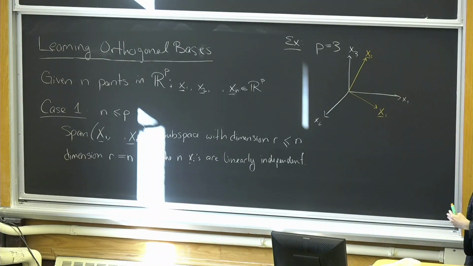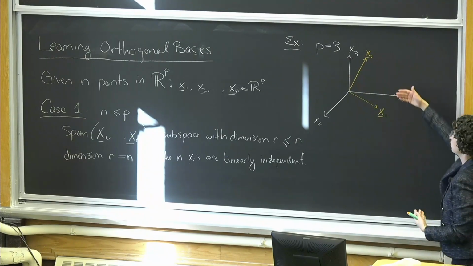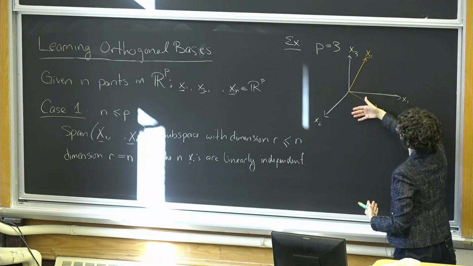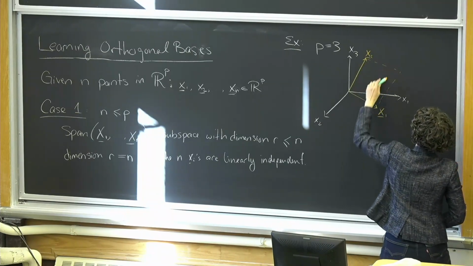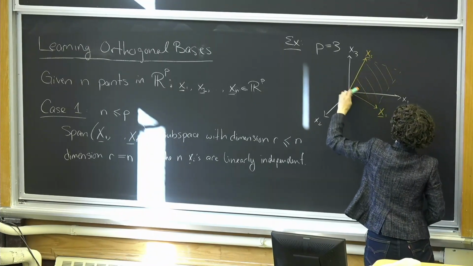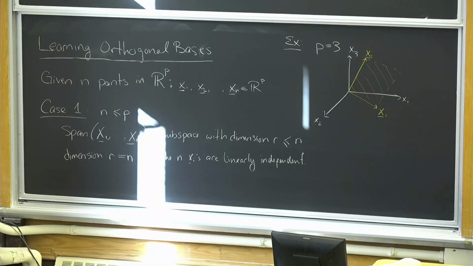So now if we think about the span of those two vectors, that subspace is going to be the plane that contains both of these vectors. So you could imagine forming a little plane here and then expanding it in all directions infinitely far. And that would be the subspace spanned by those two vectors. So this is an example of a two-dimensional subspace within a three-dimensional space.